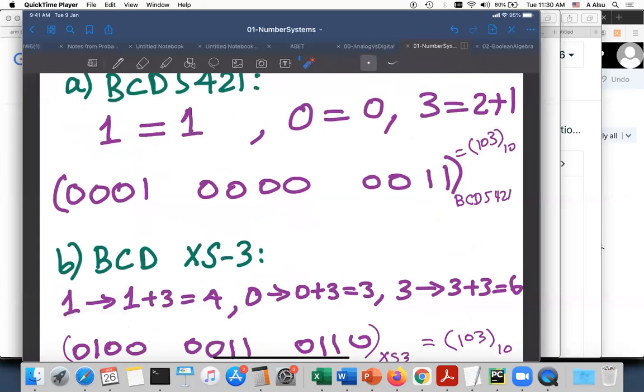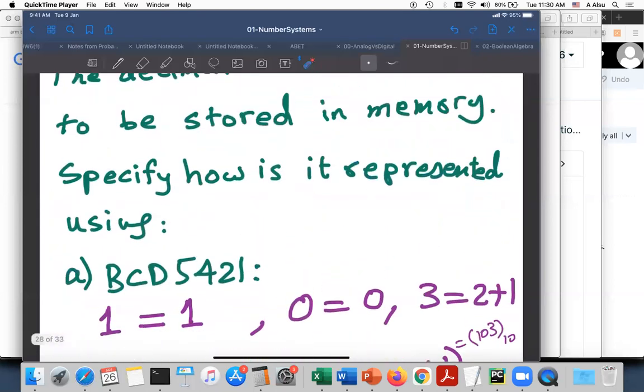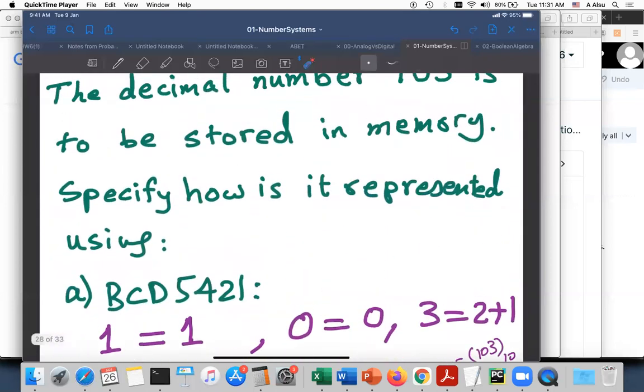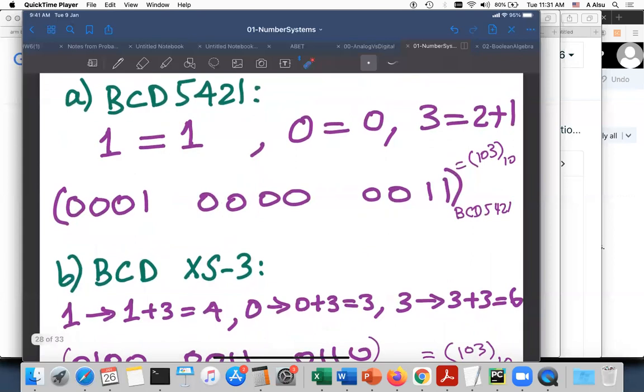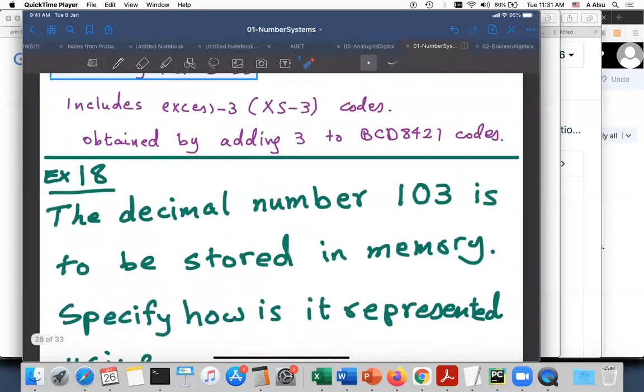For example, in part B, it says BCD, but it does not specify if it's like the previous one, 5, 4, 2, 1. Where is that? In part B. It's BCD excess3. That is not a weighted code. Remember, this is not a weighted code.